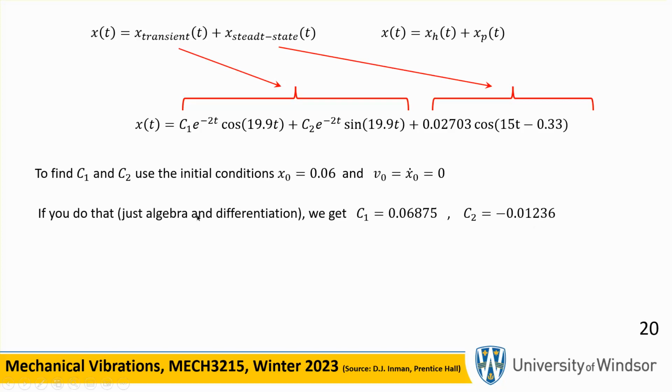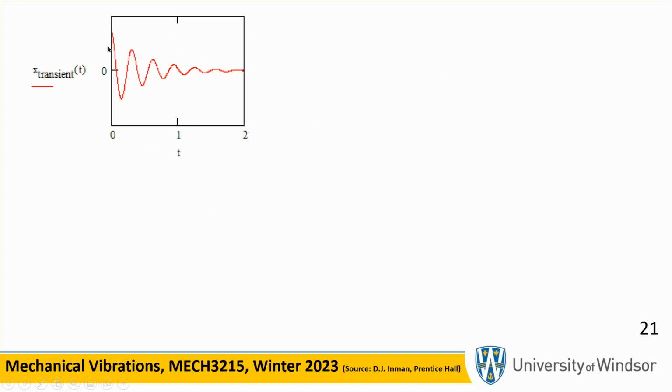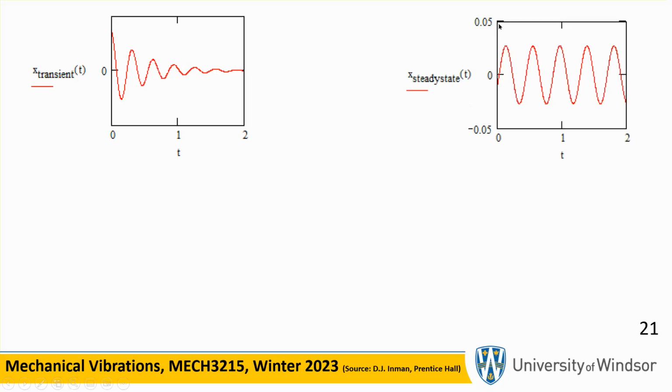Okay. So if you do that, you're going to get the value of C1 and C2. Just literally plug it in right there. We find this is C1, this is C2. If you look at the transient part, notice that this dies out. This is the first part of it. This is the steady state. It never goes away. This is the big X cosine of omega t minus theta.